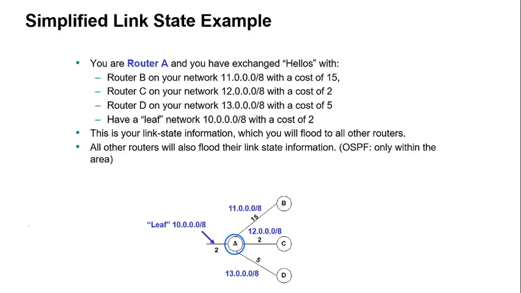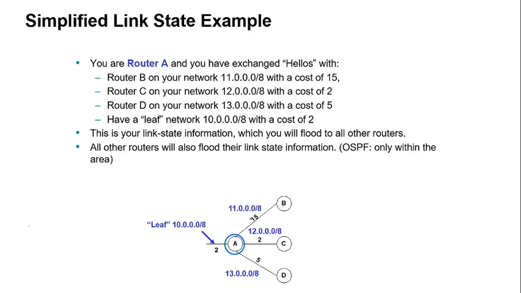So A will say that I am connected to B with a cost of 15, and this cost means lesser bandwidth. Okay, the higher the cost, the lesser the bandwidth. The lower the cost, the higher the bandwidth.